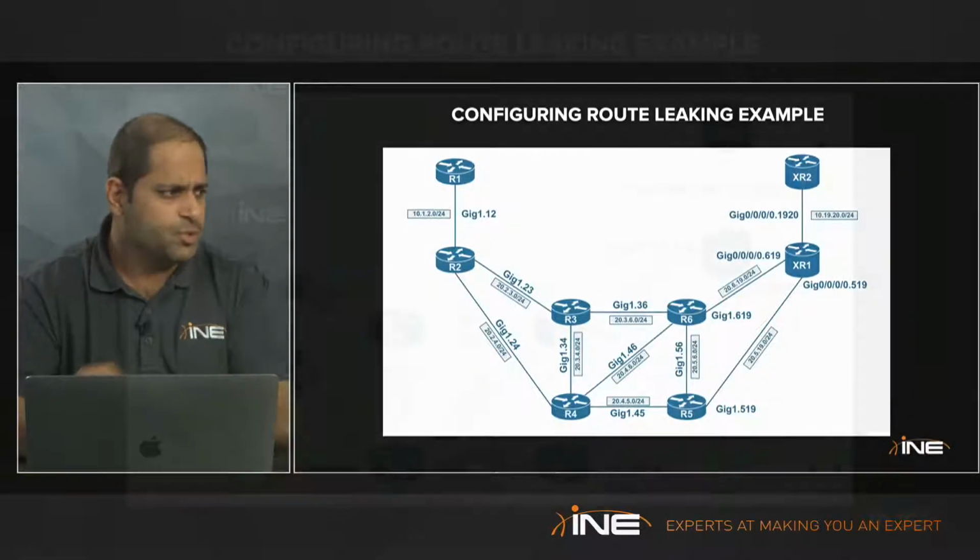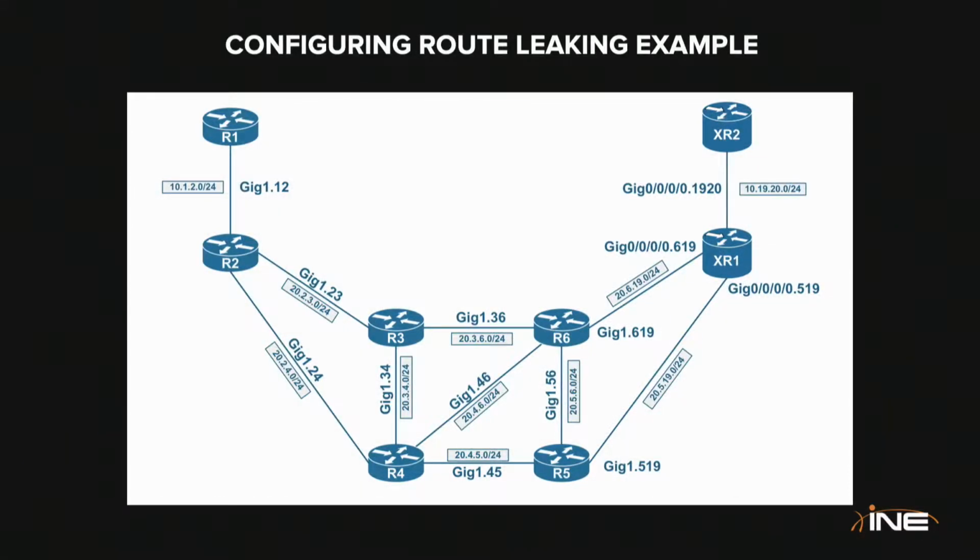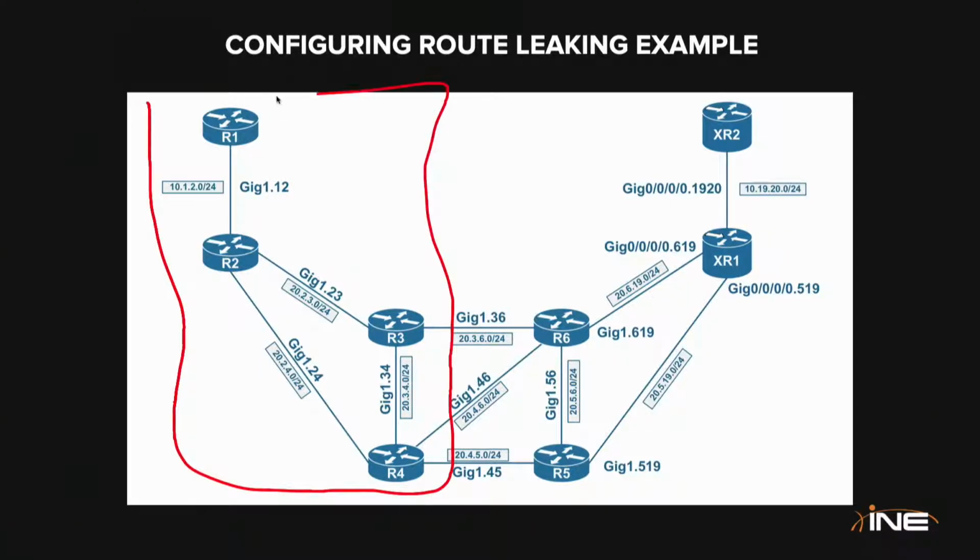So here I have this topology, 6 routers, they all have been pre-configured as multi-level, and let me in fact show you what's been pre-configured. So all of these routers, R1, R2, R3, R4, they are basically in one area. The area is 1, 2, 3, 4.